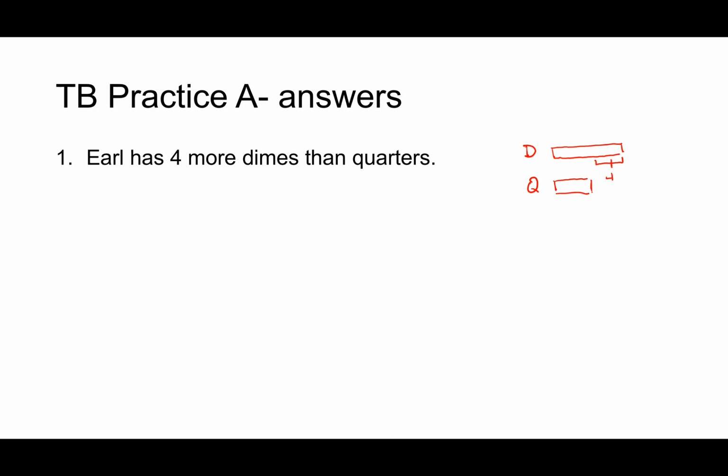For letter A, it says, if Earl has 10 quarters, how many dimes does he have? You can tell me that without thinking too hard. No, he's only got 4 more dimes than quarters. So how many dimes would he have if he has 10 quarters?